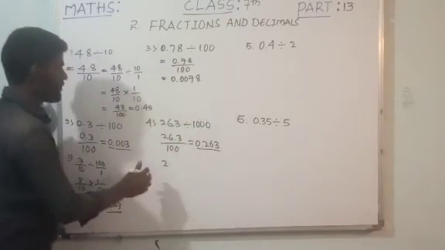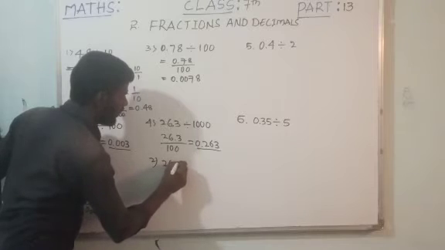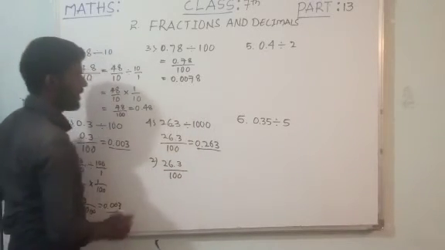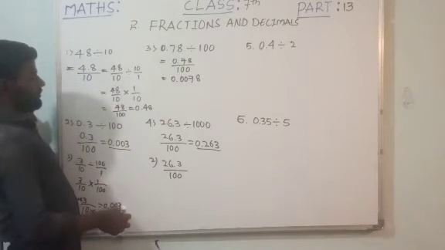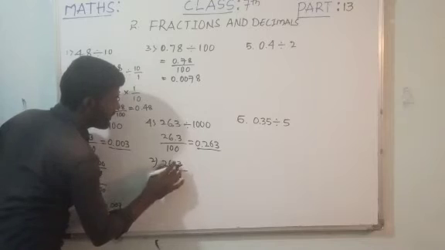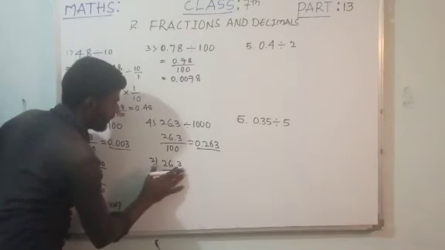I will solve it in another method, the second method. 26.3 divided by 1000.